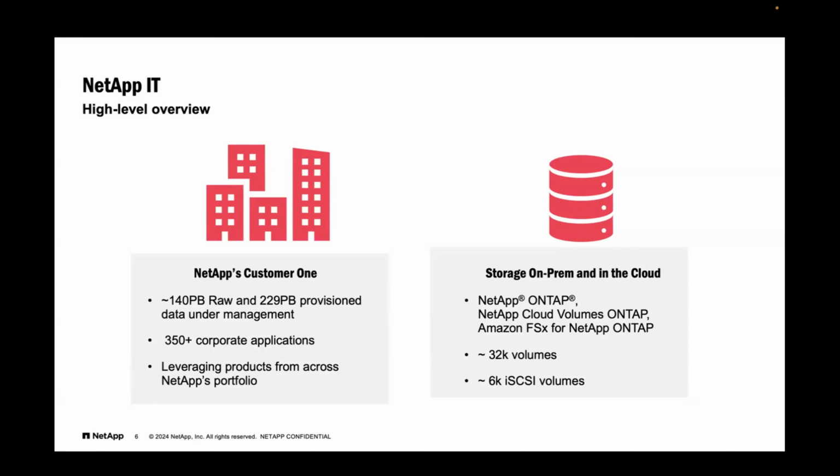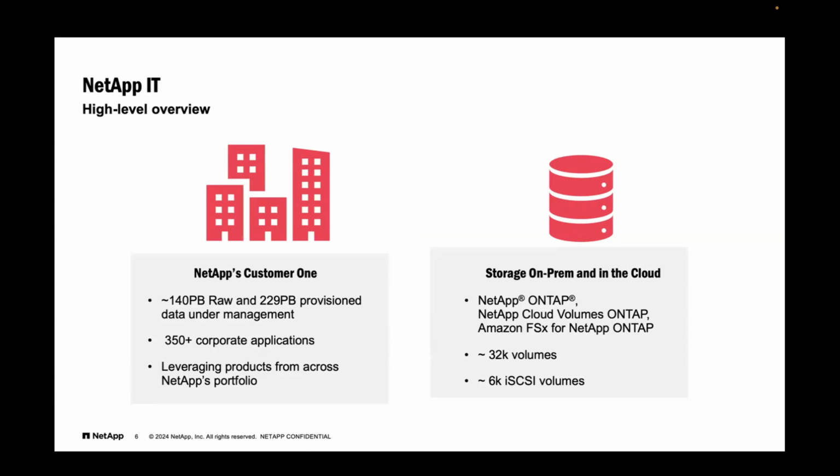So we're trying to over-provision using our storage efficiency features, right? We have about 350 corporate applications, both internal and external facing. I'll call out that this is corporate infrastructure, and most of it is production and subprod. So we have to be cautious about what we do without affecting our services, right?